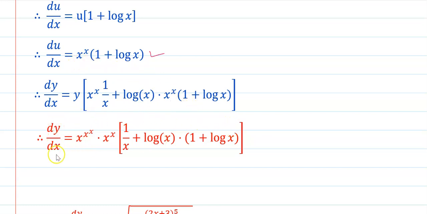And hence dy by dx is equal to x raised to x into, x raised to x bracket complete, 1 upon x plus log of x into 1 plus log x. आता या ठिकाणी काय केलंय की x raised to x आणि हा x raised to x आपण तो कॉमन घेतला and substitute the value of y. y म्हणजे काय, that y is equal to x raised to x in this way.